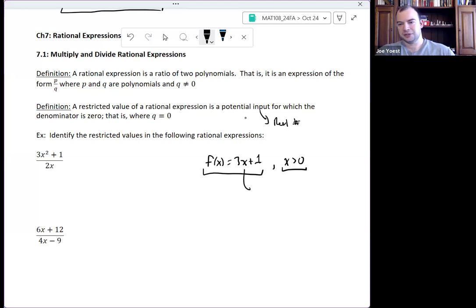This function has a natural domain that's all real numbers. So in other words, if I didn't explicitly state a restriction of the domain, I would presume that the domain under consideration is all real numbers. But that's not always true. We can impose a domain restriction on our function.